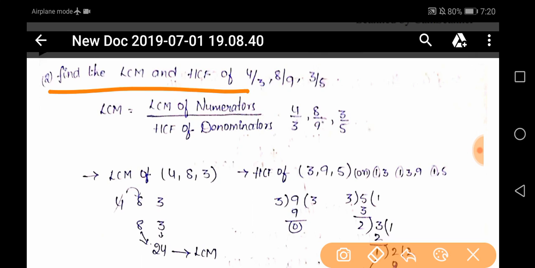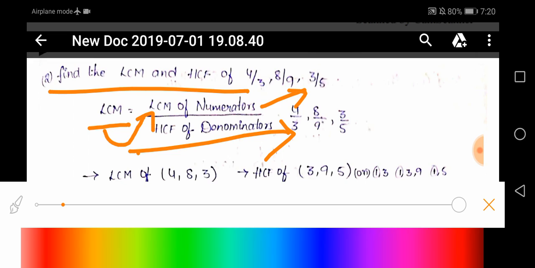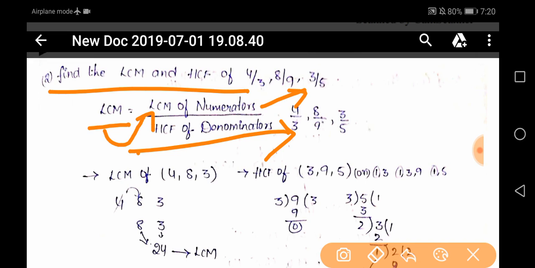Just remember a formula for this: the LCM of fractions is the LCM of the numerators over the HCF of the denominators. When you want to find the LCM, on top you have the LCM of the numerators and below the HCF of the denominators, obviously the opposite one.